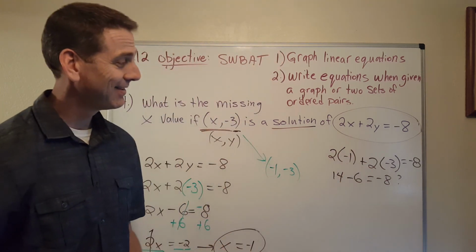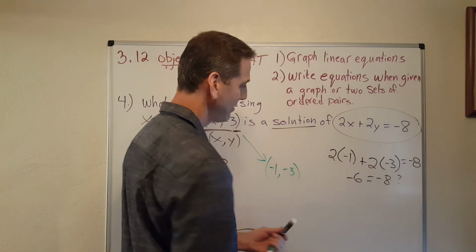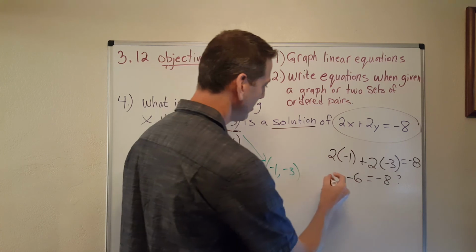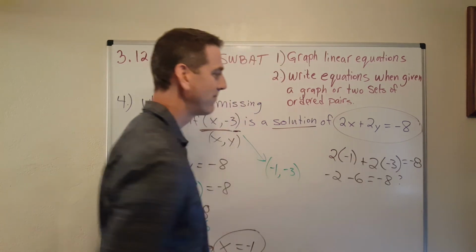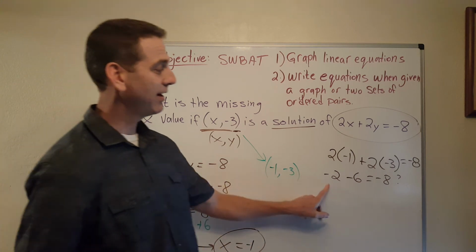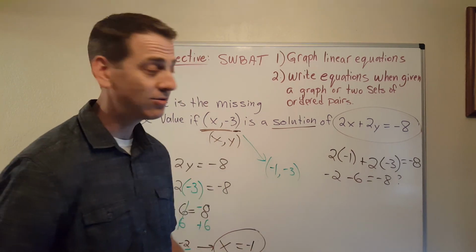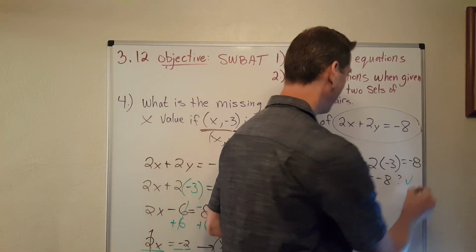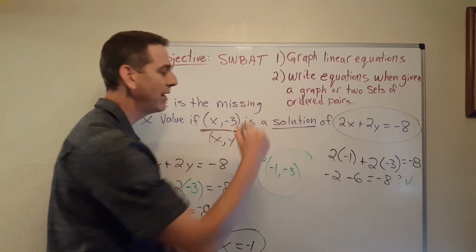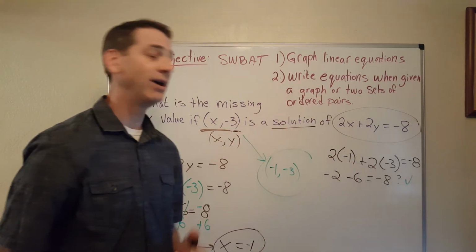Now, 2 times -1 is -2. Is that a true statement? -2 minus 6 is -8. It is true. So there's my solution to this equation.